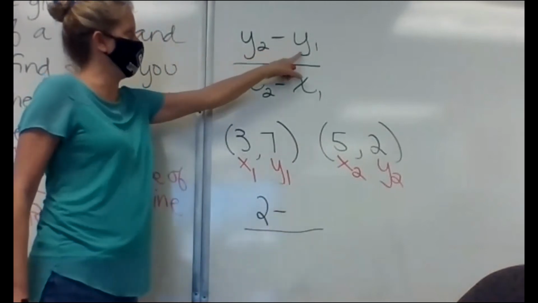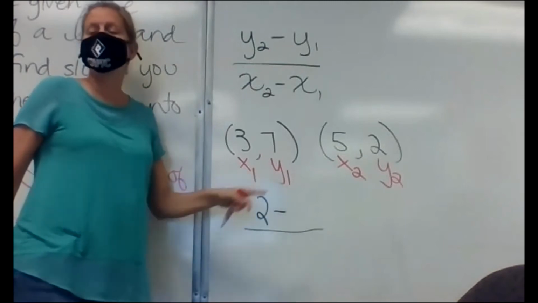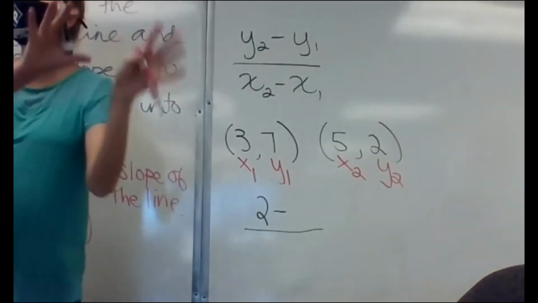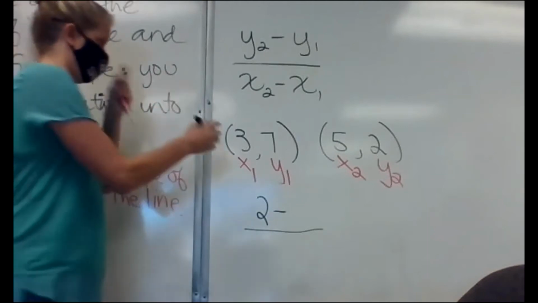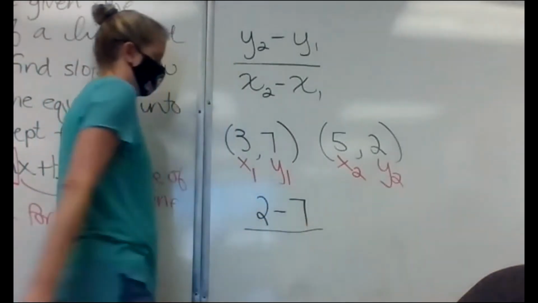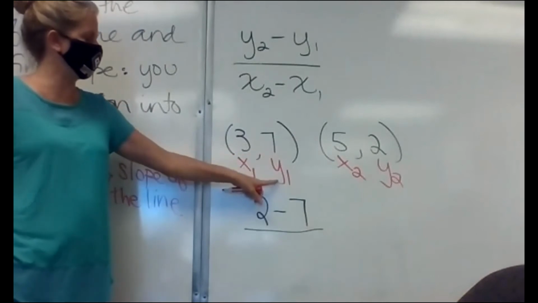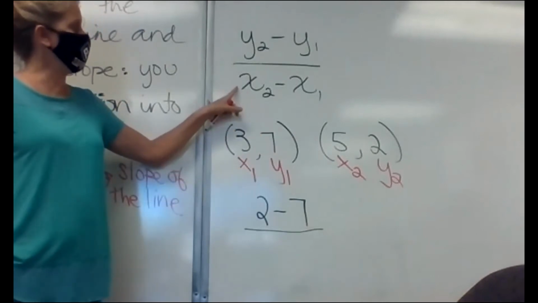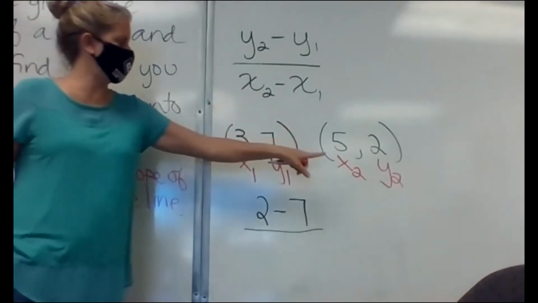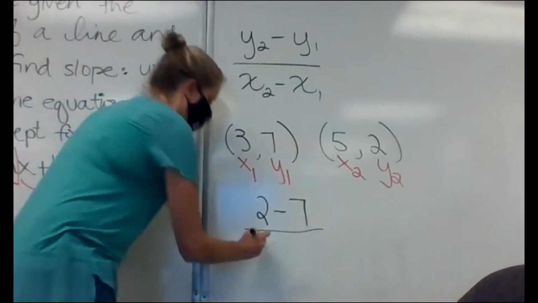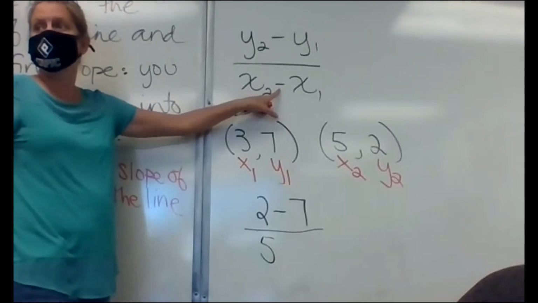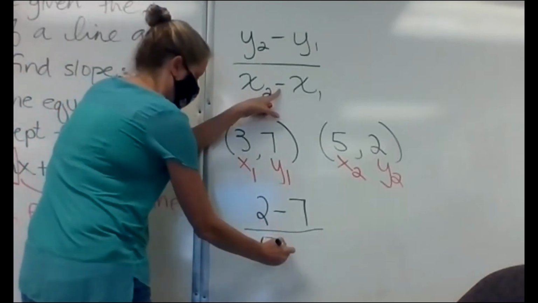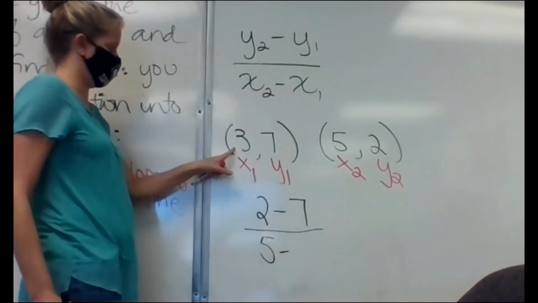What's your first y, or y1? Good. See what I'm saying? If you label it ahead of time, you don't have to try and go back and think about what's what. You just go and pick which number is in that spot. So y1 is 7. In the bottom, I need x2. Who's x2? 5. What's the formula say to do? Subtract. What's my x1? 3.